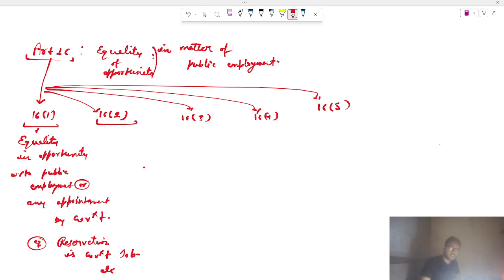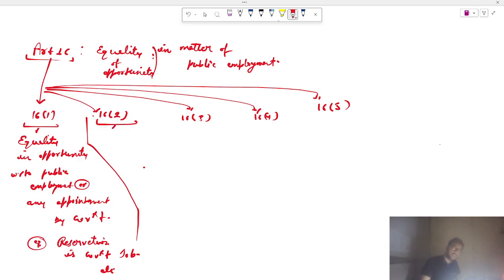Now Article 16 clause 2 says that no citizen shall, on grounds of religion, race, caste, sex, descent, place of birth, residence, or any of them, be ineligible for or discriminated against in respect of any employment or office under the state.